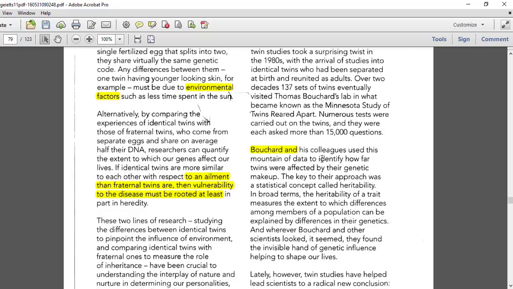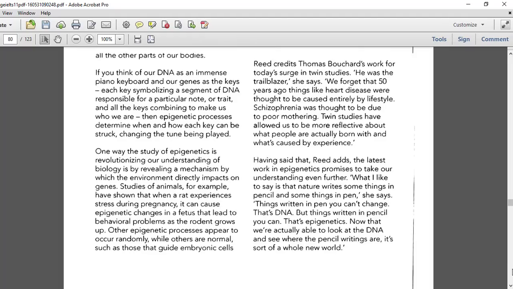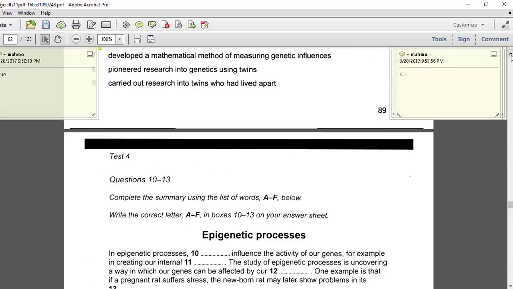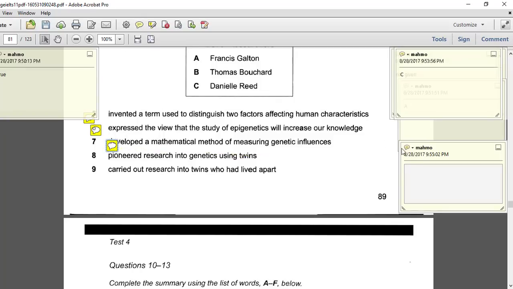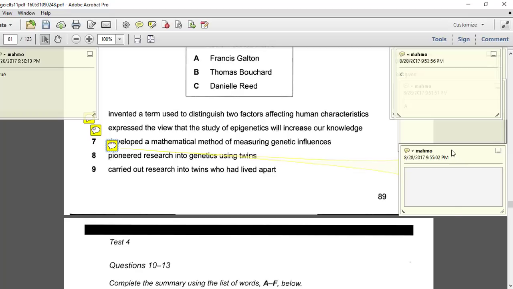You use a mountain of data to identify twins affected by genetic makeup. A statistical concept. Statistics means mathematics. So the one who used mathematics was Bouchard. So the answer is B. Developed a mathematical method, B. Bouchard.